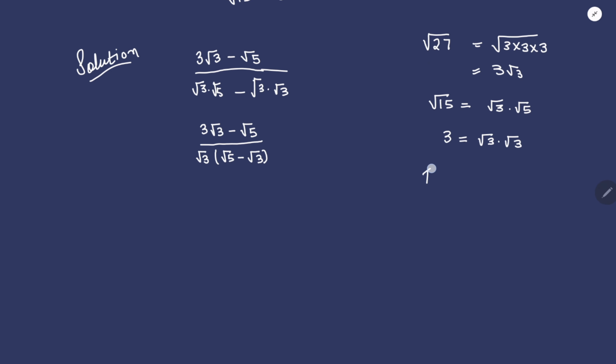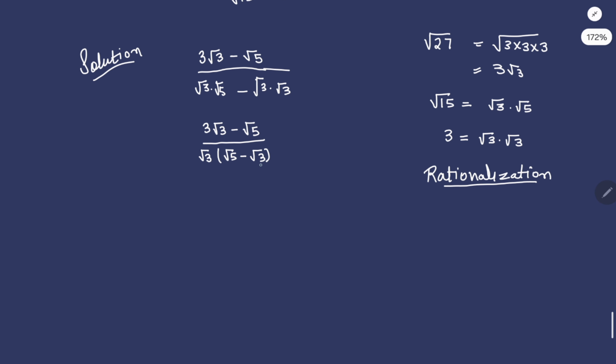We always rationalize. What is the process of rationalization? In rationalization, to omit this root in the denominator, we multiply by (√5 + √3) by (√5 + √3).